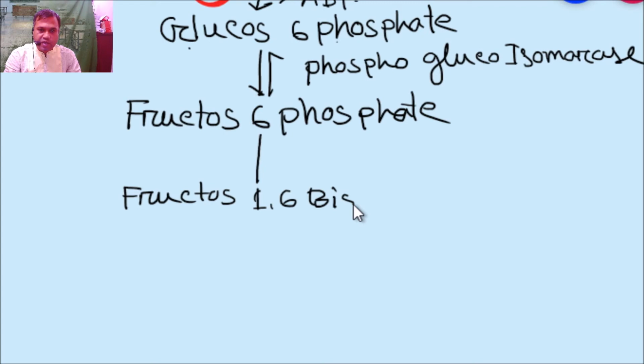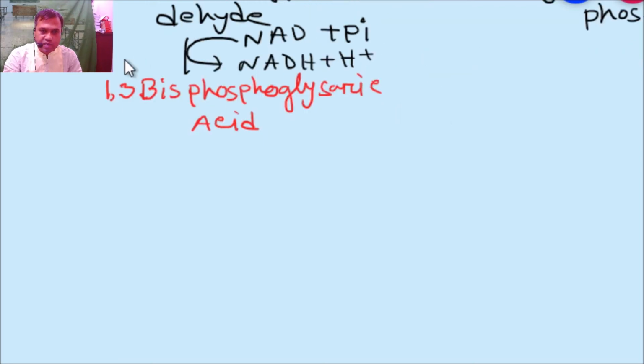This phosphate is added as an inorganic phosphate. Water is also present. As hydrogen is released in this reaction, a dehydrogenase enzyme is needed.